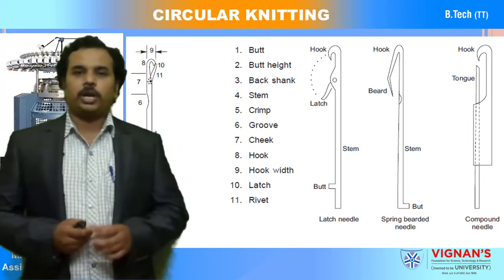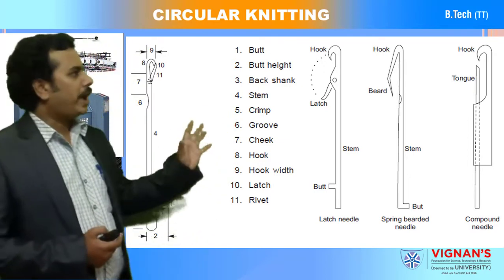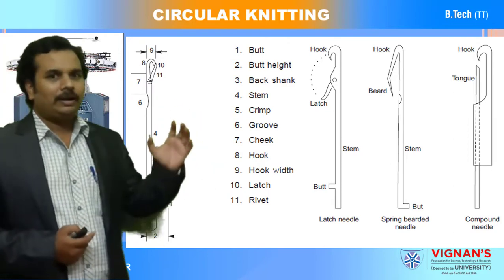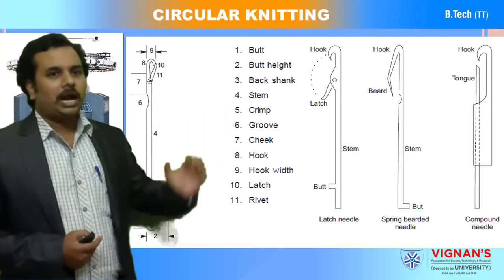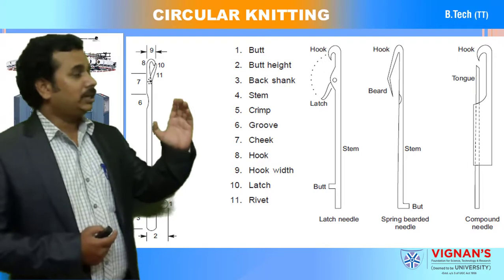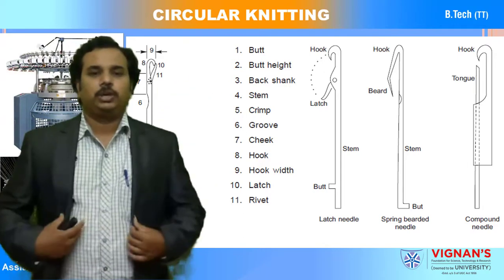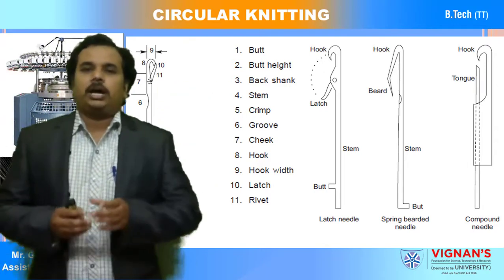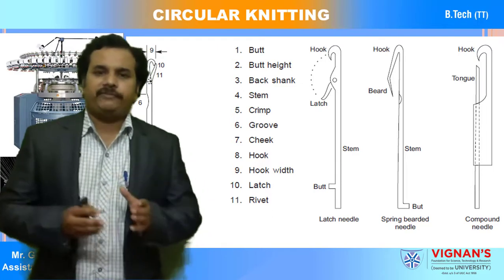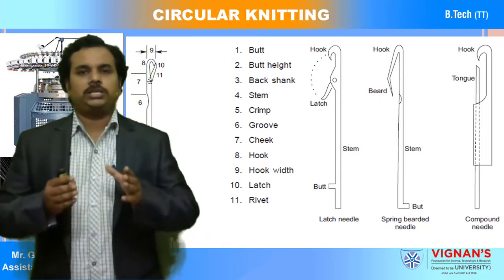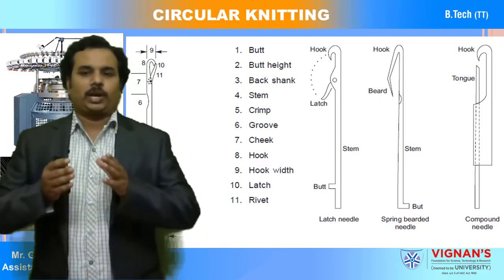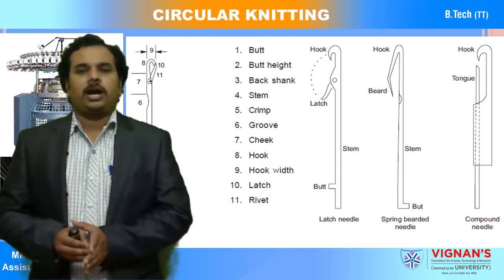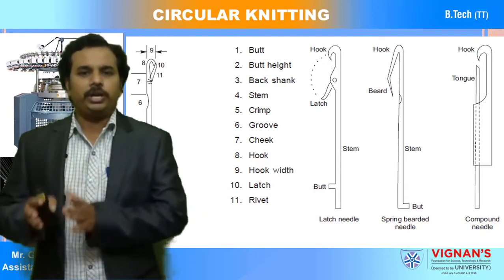Now you can observe this image where you have different needle types and the different parts of the needles. I have given three different types of needles: one is latch needle, second one is spring bearded needle, and the third one is compound needle.